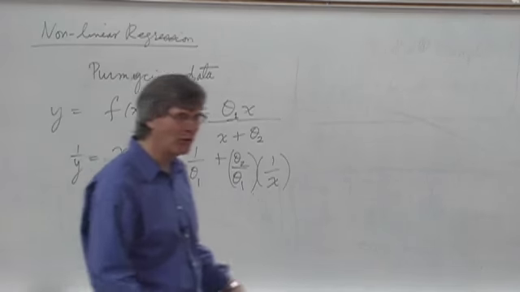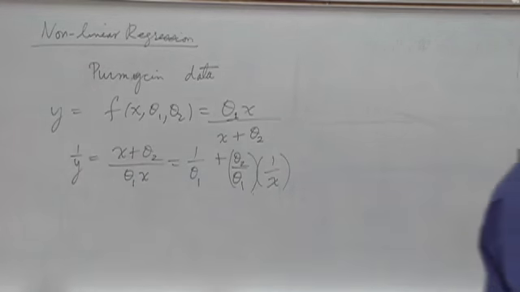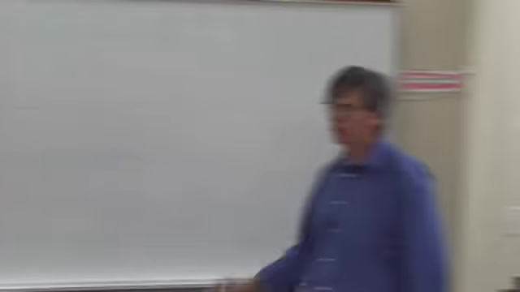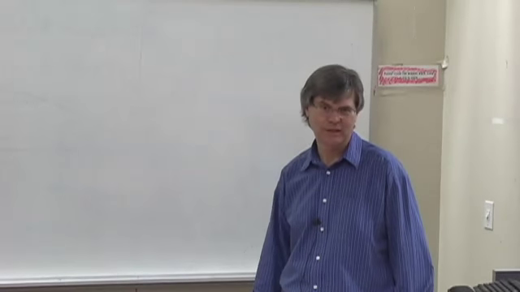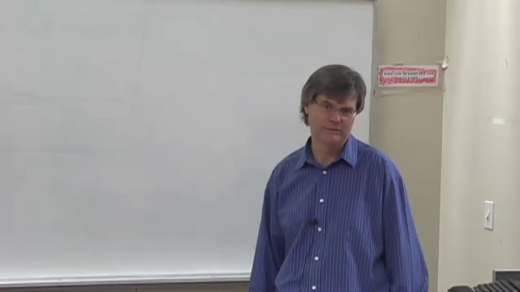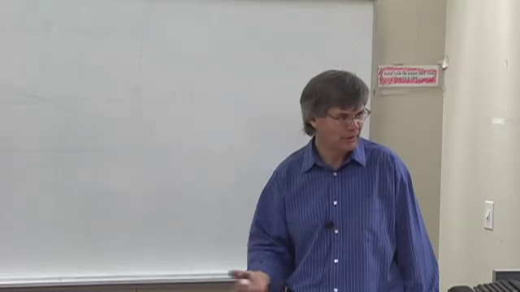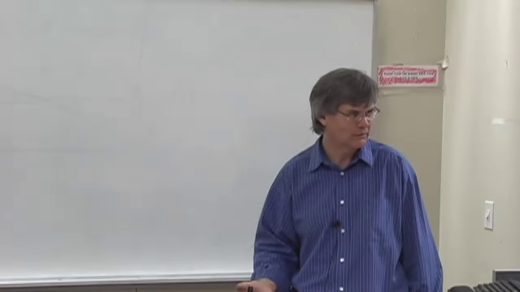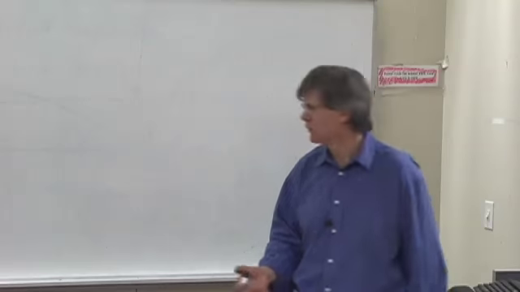Therefore, to get initial guesses of the thetas, I will just regress 1 over y on 1 over x. That'll give me initial guesses of 1 over theta 1 and theta 2 over theta 1. Then I'll just solve those, and I'll get my theta 1 naught and my theta 2 naught. So I'll just tell you the answers.